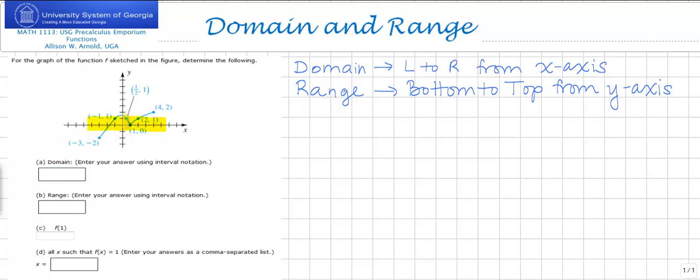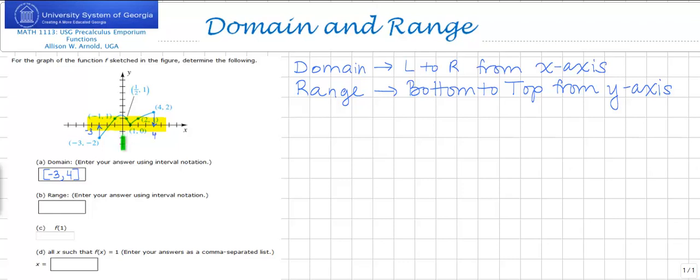This graph doesn't have any skips or jumps, so it looks like my starting x-coordinate is -3 and my ending x-coordinate is 4, and those will be in interval notation with brackets, bracket -3 to 4, bracket, because the endpoints are included as points on the graph.